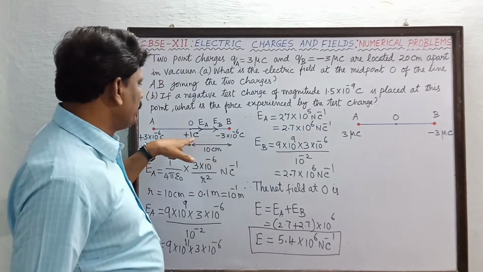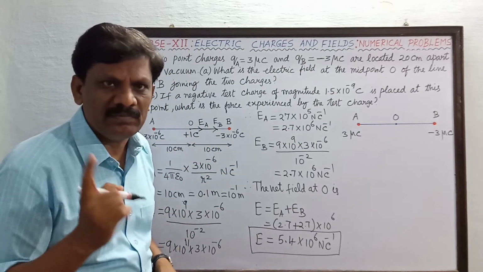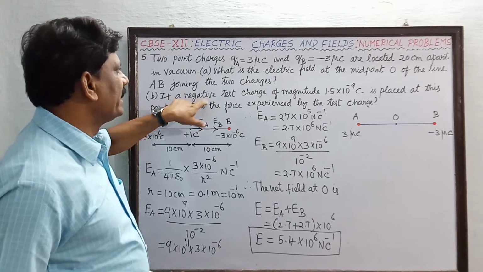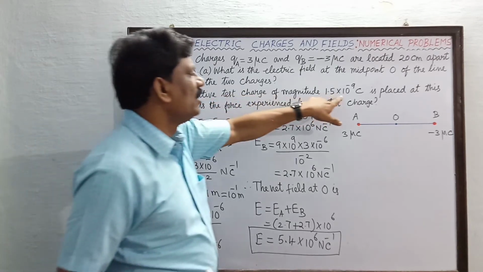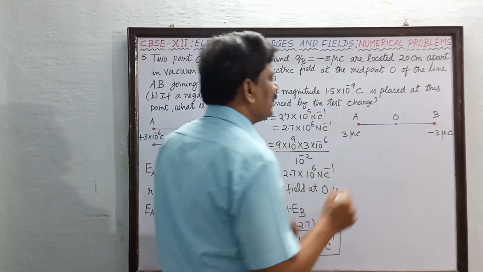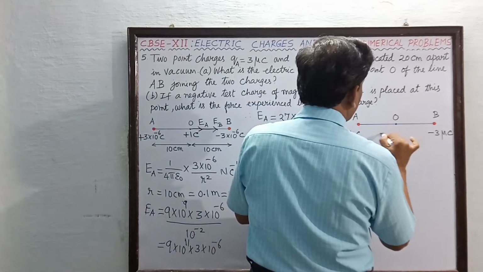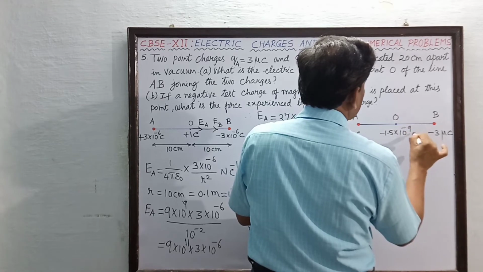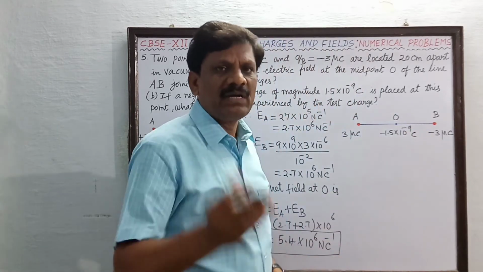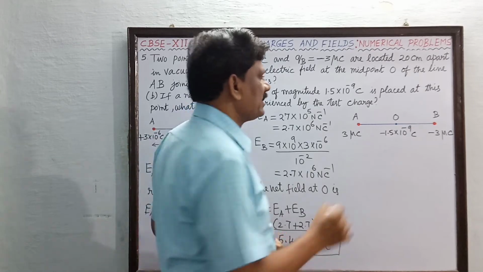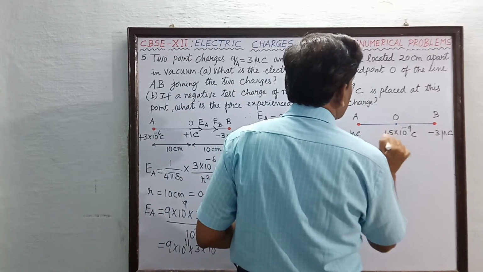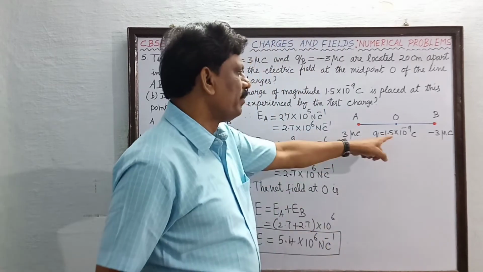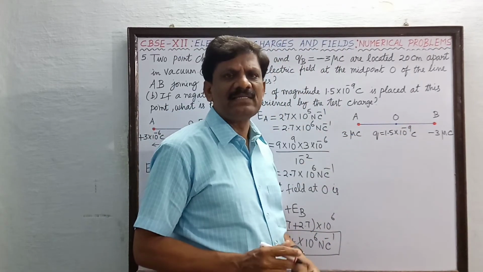Instead of a unit positive charge plus 1 coulomb, if you keep a negative test charge of minus 1.5 into 10 power minus 9 coulomb, what force is it going to experience? I am going to take this charge Q equal to 1.5 into 10 power minus 9 coulomb.